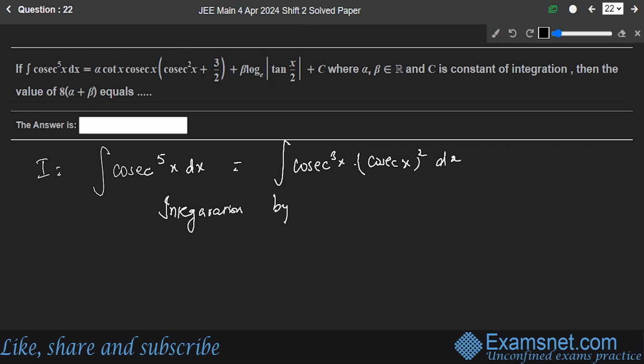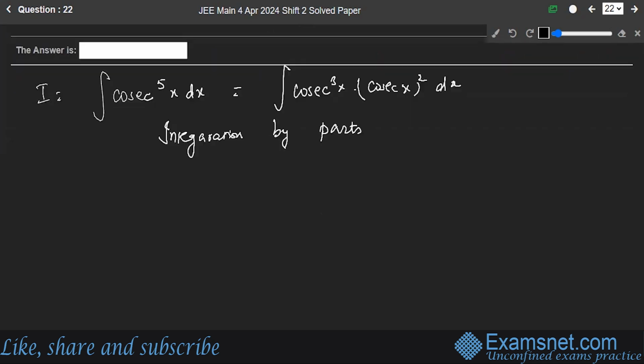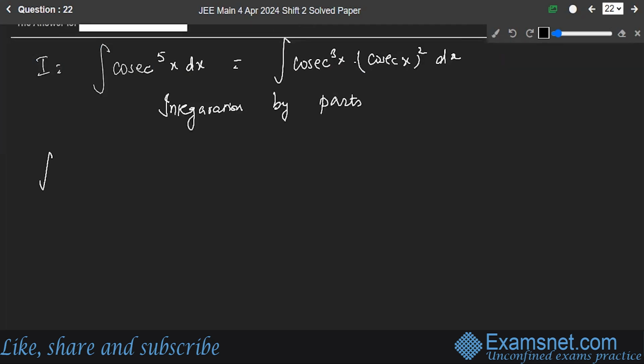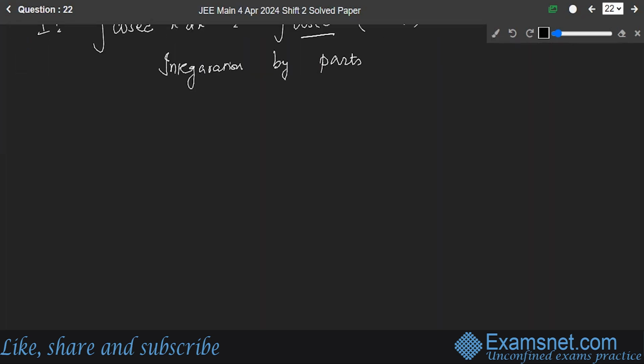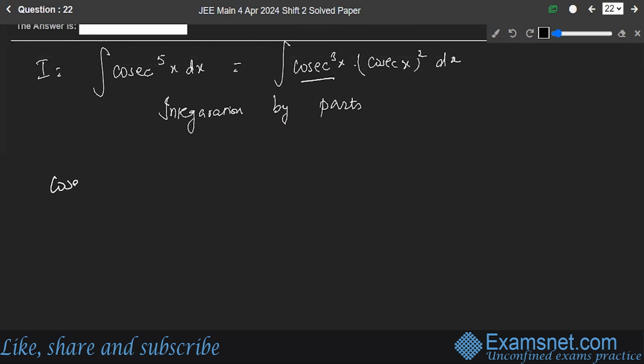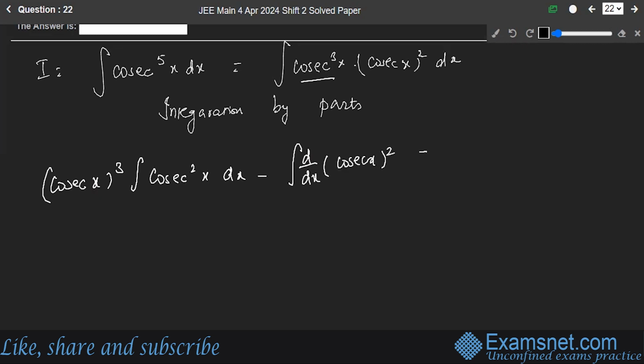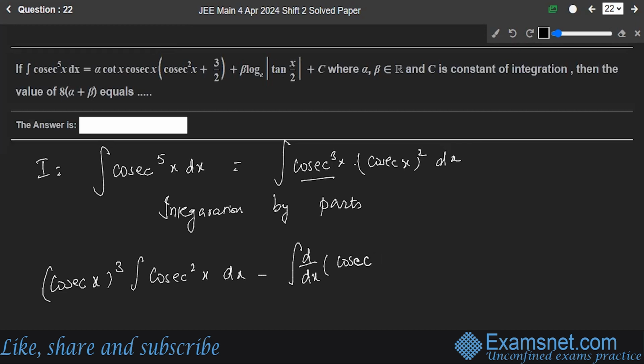Let's use integration by parts. This is the first term into integral of the second. So you have cosecant cube x, integral of cosecant square x dx, minus integral of derivative of first into integral of second.